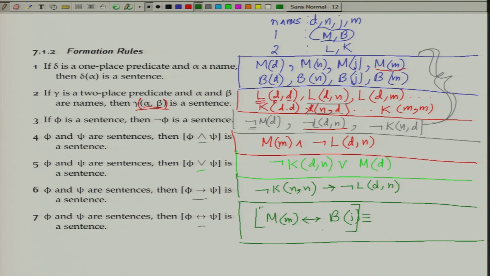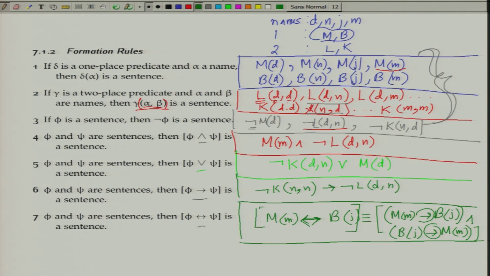The moment you write this, you are actually writing that it is true that if M M, then B J, and if B J, then M M. So, actually this two-way, this right left arrow abbreviates these two things.